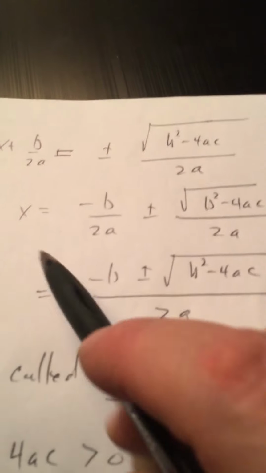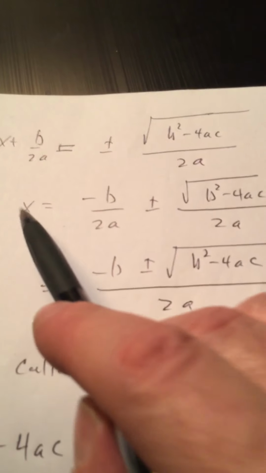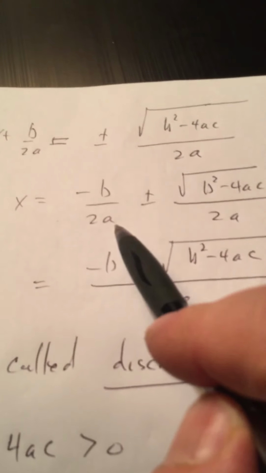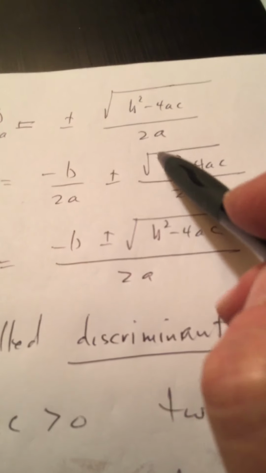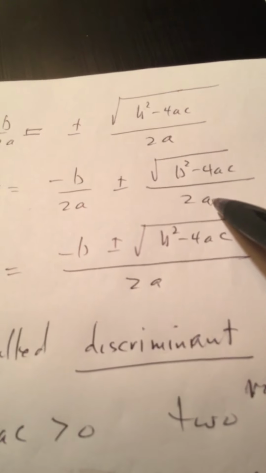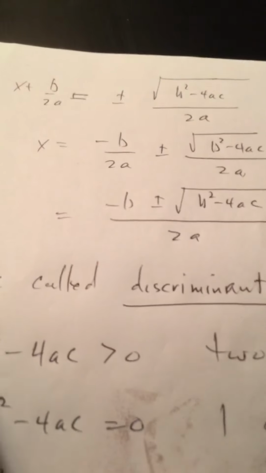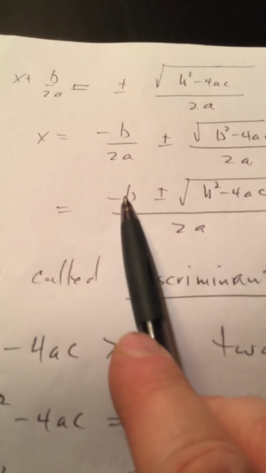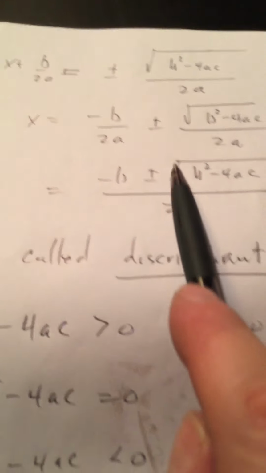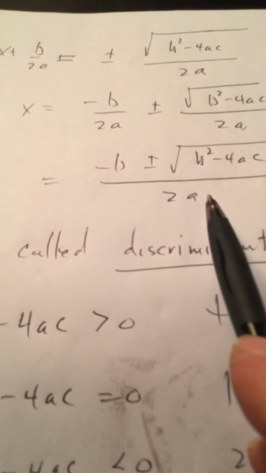Is it starting to look familiar? So now we subtract b over 2a from both sides, and we get x equals minus b over 2a, plus or minus the square root of b squared minus 4ac, all over 2a. And then we combine these two fractions, and we get the famous quadratic formula of high school: x equals minus b plus or minus the square root of b squared minus 4ac, all over 2a.